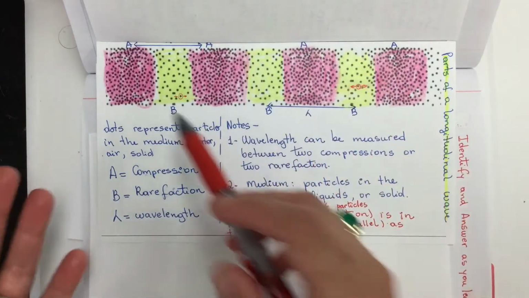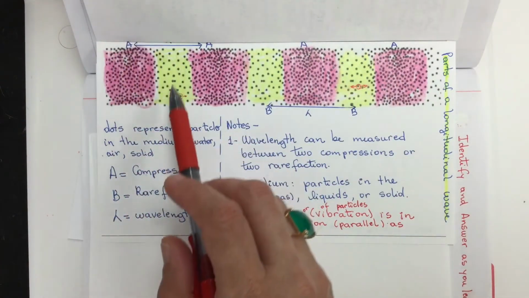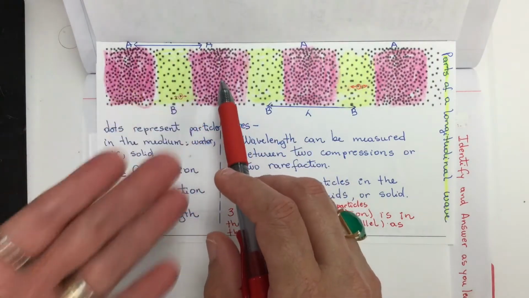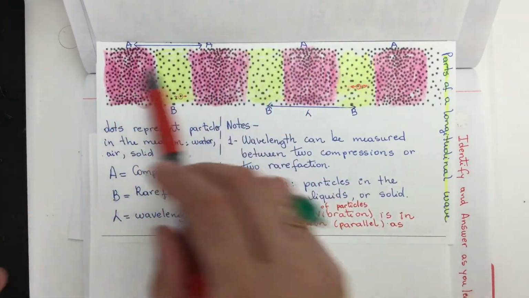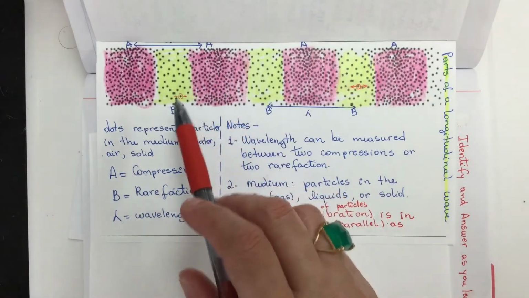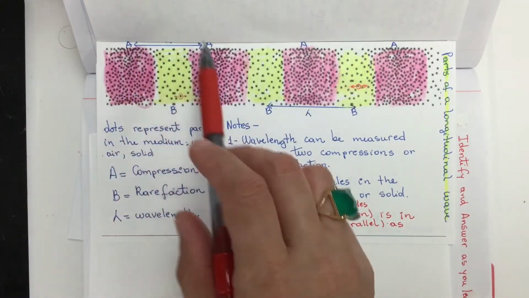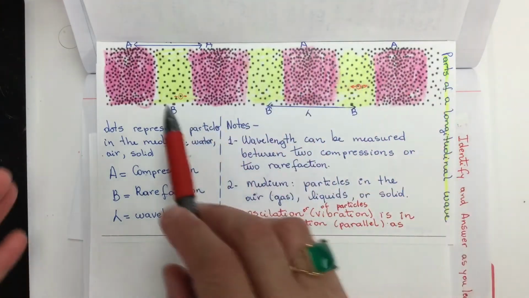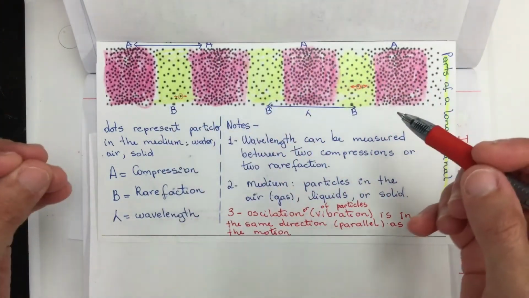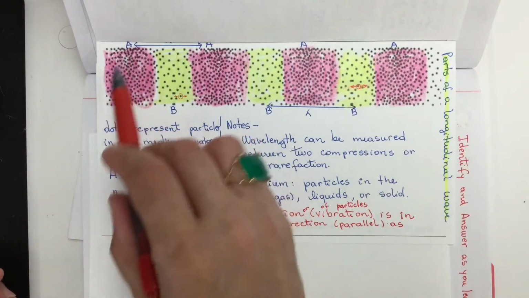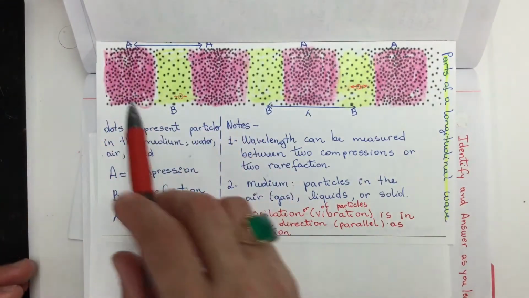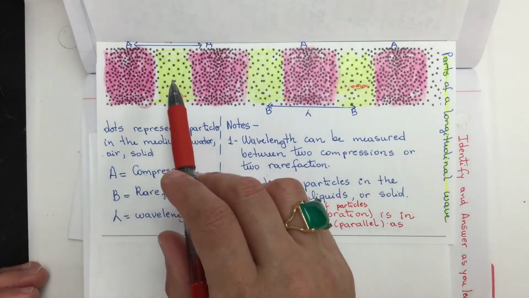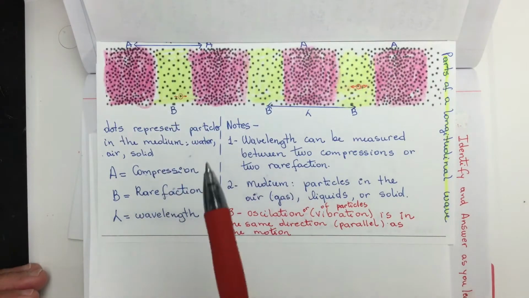We can also say higher pressure, lower pressure, because with fewer particles you have less pressure, and with more particles, more pressure. So those areas are considered high pressure and low pressure, alternating this way. The area that is more concentrated is called compression, and this one rarefaction.